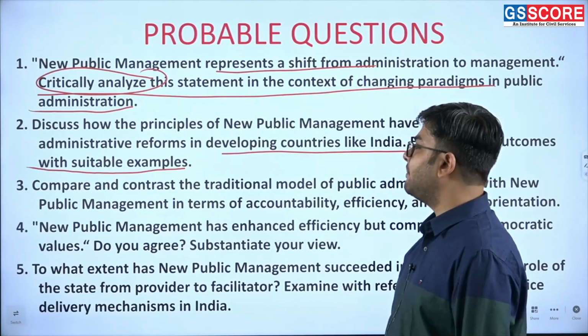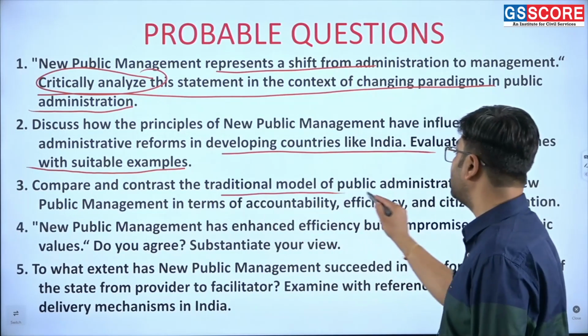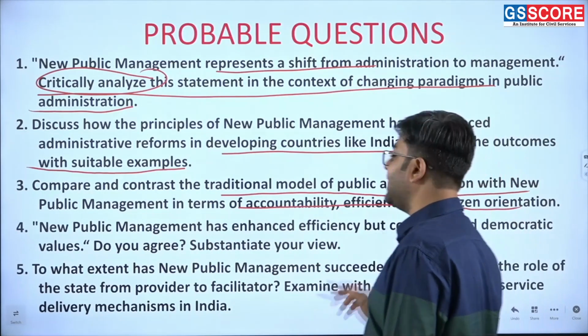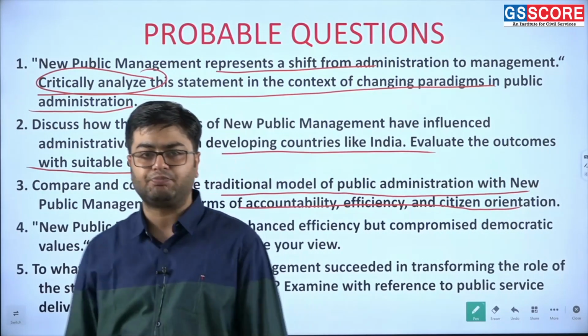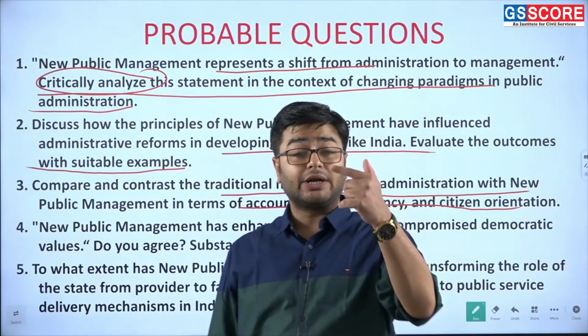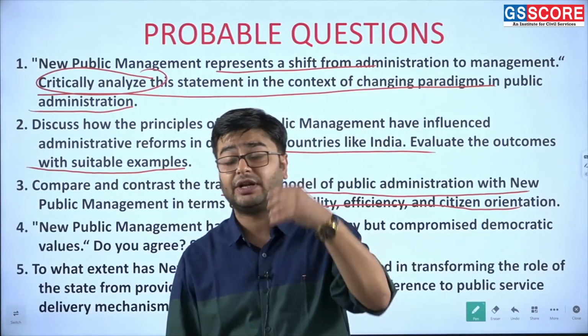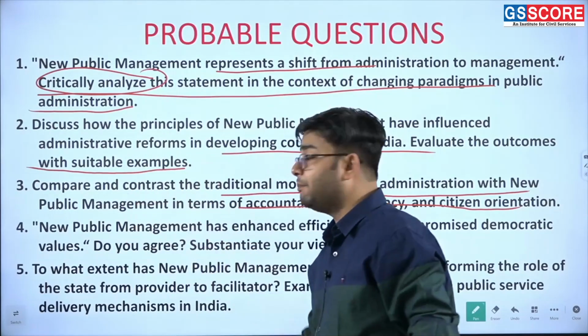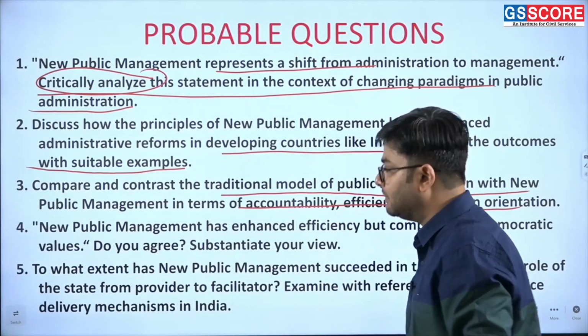Next one, compare and contrast the traditional model of public administration with NPM in terms of accountability, efficiency and citizen orientation. So just like we did it for NPM and new public governance, you can do it on certain aspects, the philosophy, role of citizen, accountability, etc., to compare the TPA and the NPM.